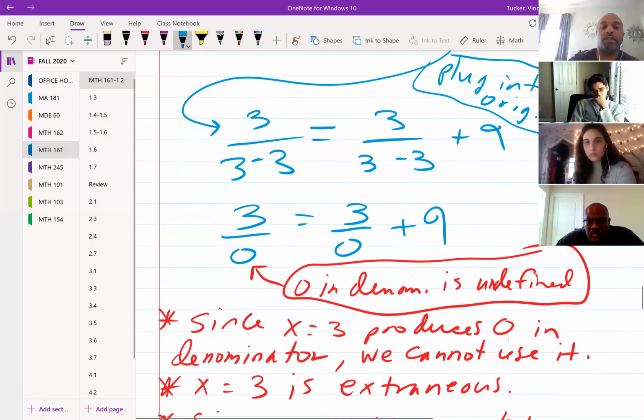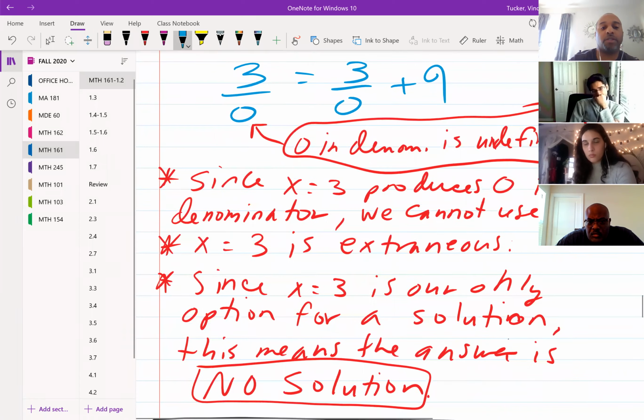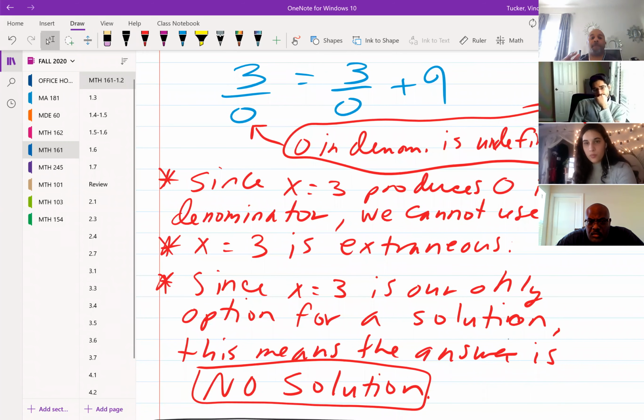Since x equal to 3 produces 0 in the denominator, we cannot use it. That means x equal to 3 is extraneous. That's what it means when you come up with a solution that you cannot use: extraneous. So since x equal to 3 is our only option for a solution, the answer is actually no solution.